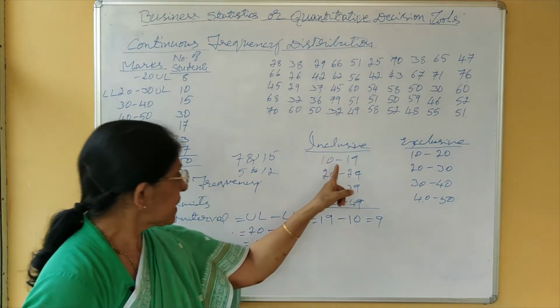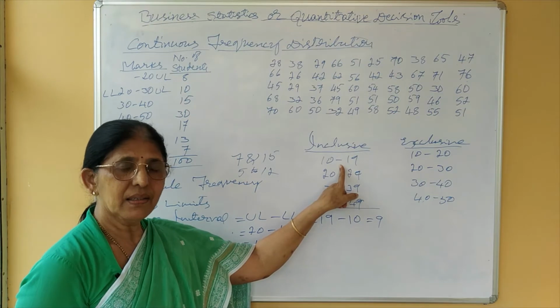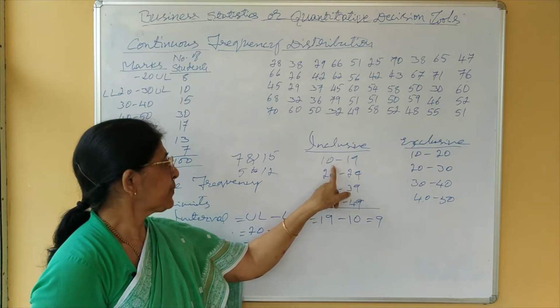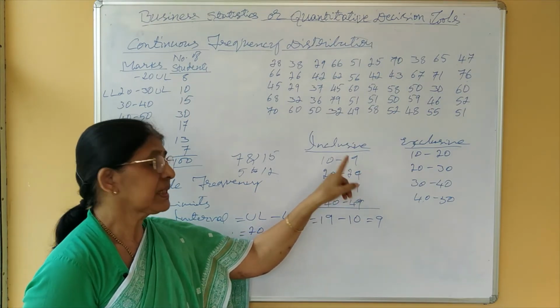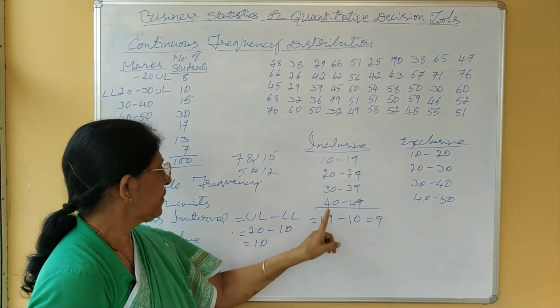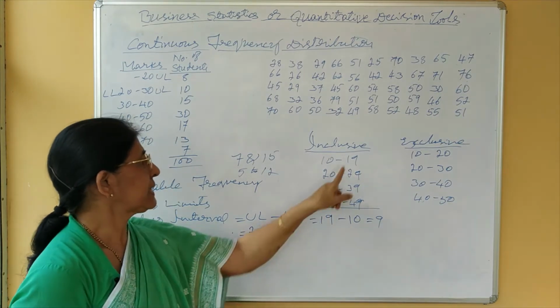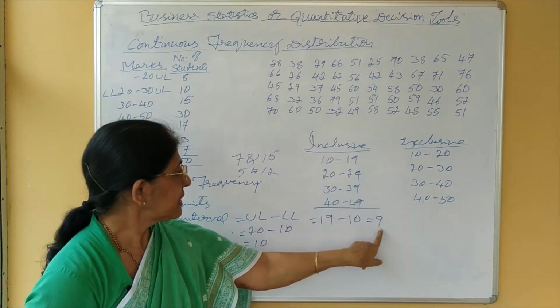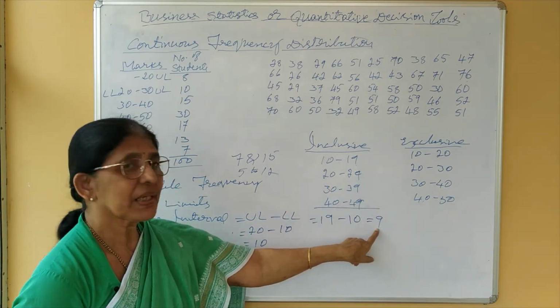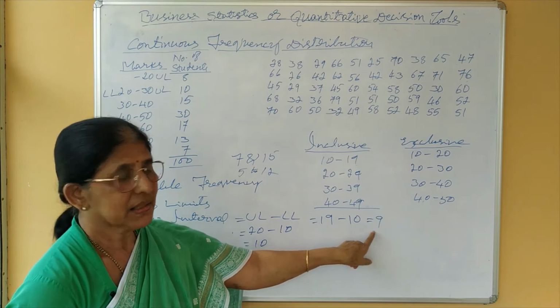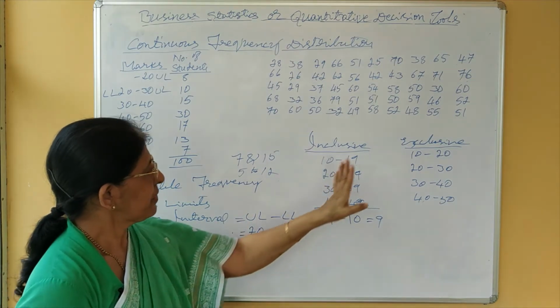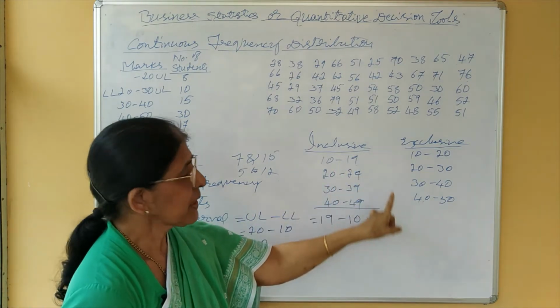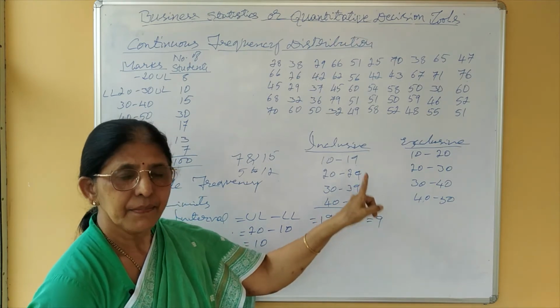But here also we record the values corresponding to the class 10 to 19, which is 10 values, from 10 to 19, where even 19 is included. Therefore, there is a technical problem in calculating the class interval mathematically. Therefore, usually the exclusive method is preferred.